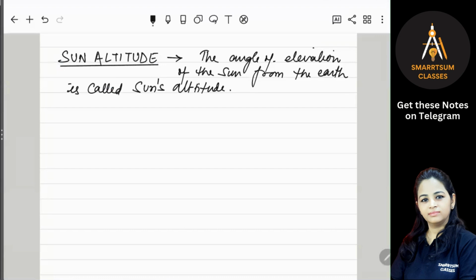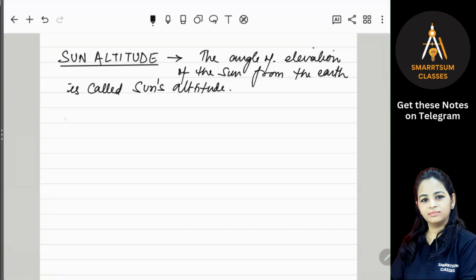Now, this sun altitude is different at different times of the day. Why? Because the position of the sun is different at different times from the earth. Earth is moving around the sun, and that is the reason the altitude of the sun will be different at different times of the day.